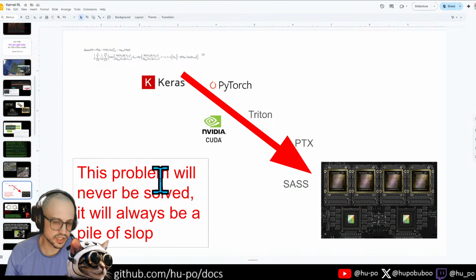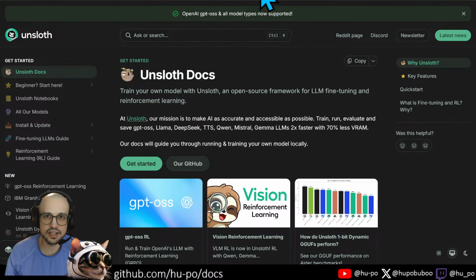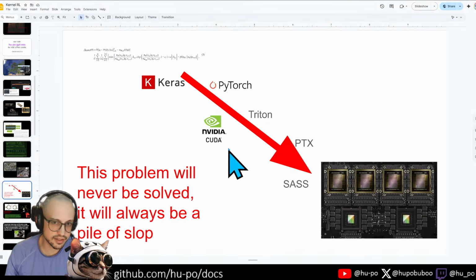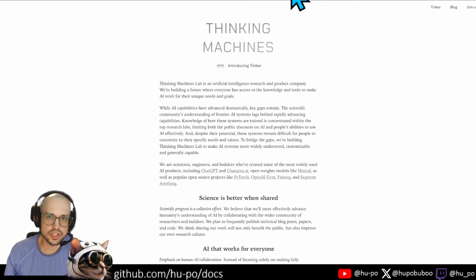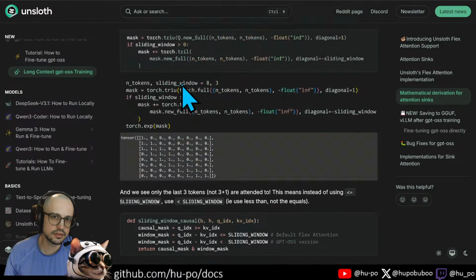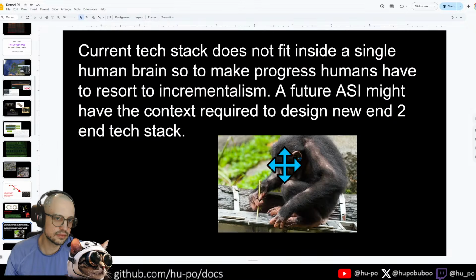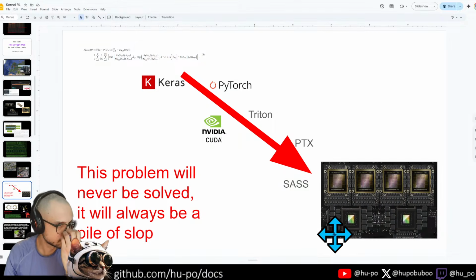So we have this really sloppy pile of crap, which leaves opportunity for companies like Unsloth or Thinking Machines to say, hey, we're going to create one particular path through this pile of slop that is slightly more optimal than the path that is currently there. But I think over time these business models erode because coding models are so good that they just do it for you.